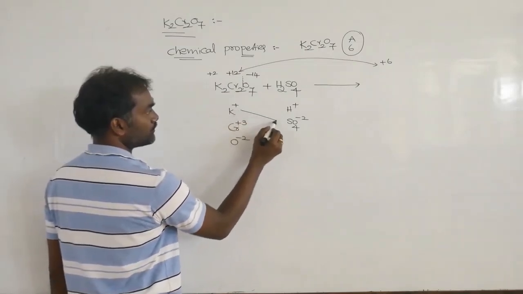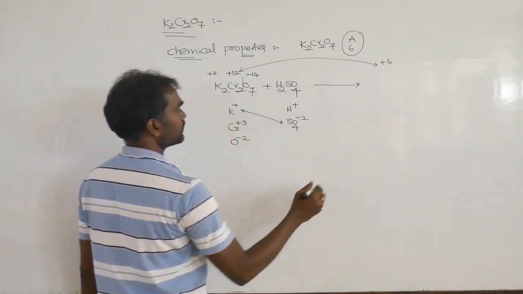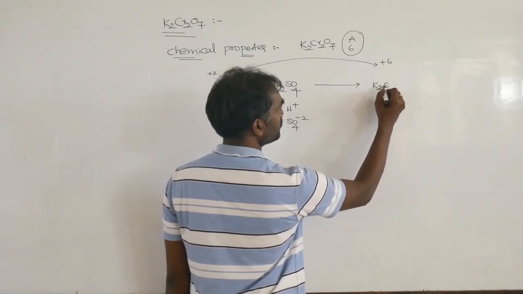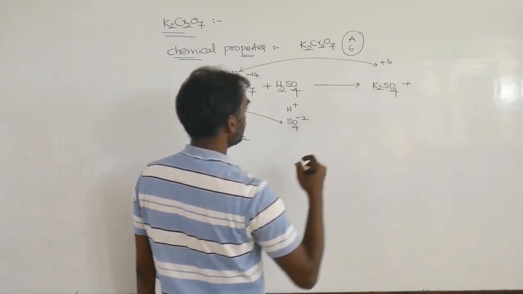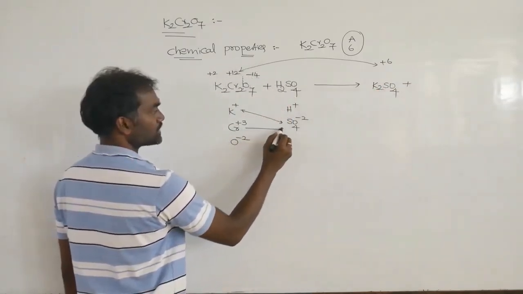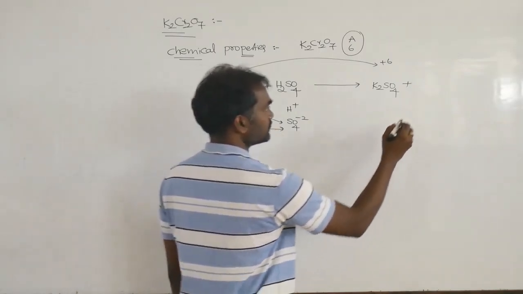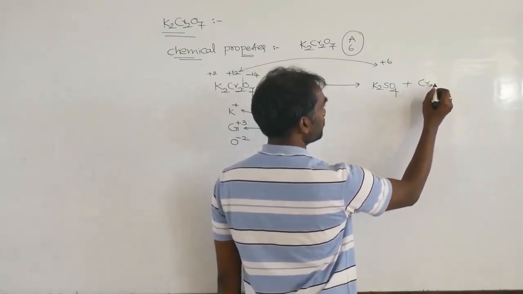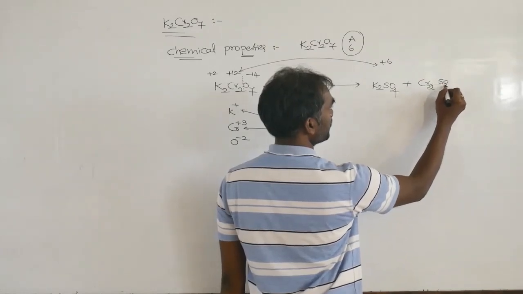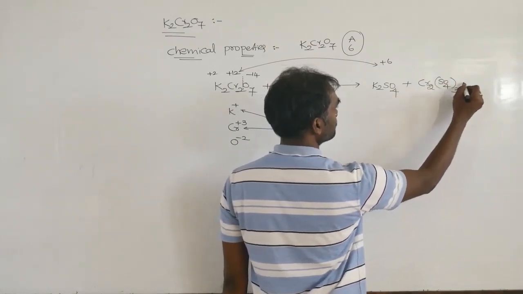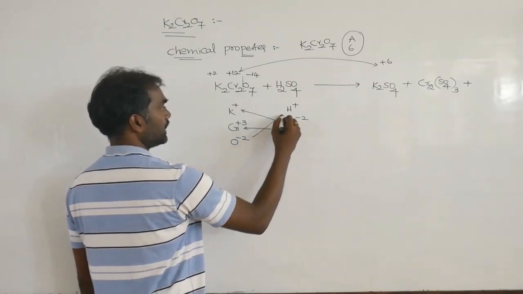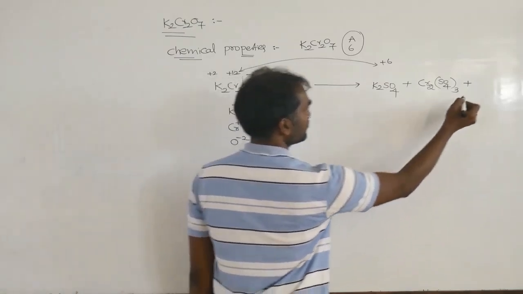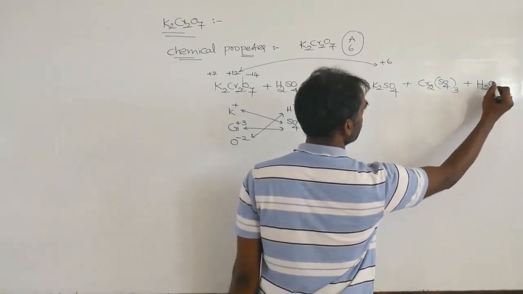See, K plus combining with SO4 minus 2, your answer is K2SO4 plus. Next, chromium plus 3 with SO4 minus 2, so Cr2(SO4)3, plus hydrogen and oxygen, you are getting H2O plus.